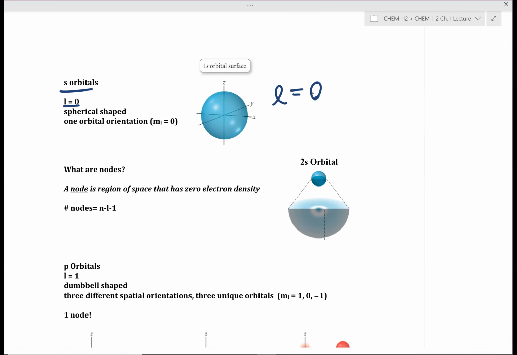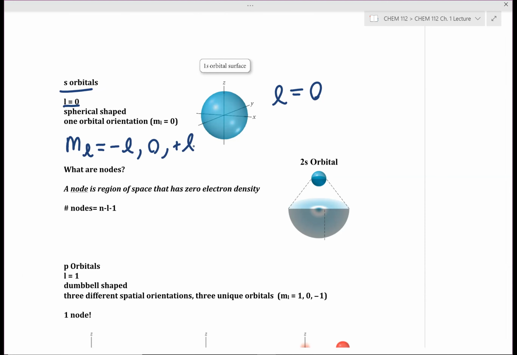So let's talk a little bit about ML for a moment. ML is equal to negative L to 0 to positive L, and it describes how many unique ways we can orient or place an orbital in space.